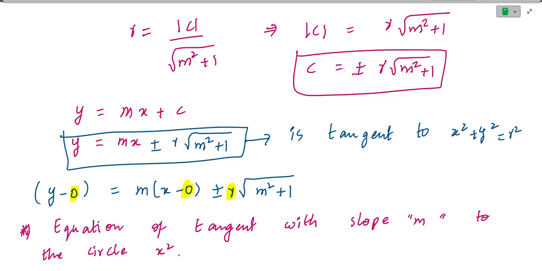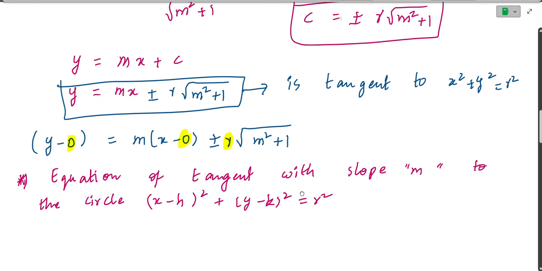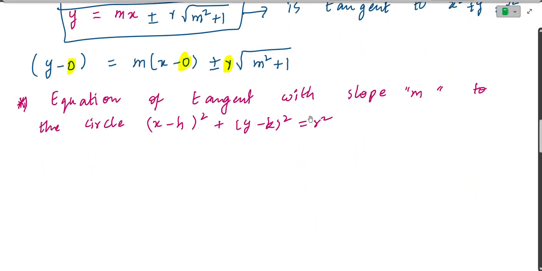Actually, it should be (x minus h) whole square plus (y minus k) whole square is equal to r square. So for this, from the above equation, I can directly say that the equation of tangent is y minus the y coordinate of the center of the circle, that is k.